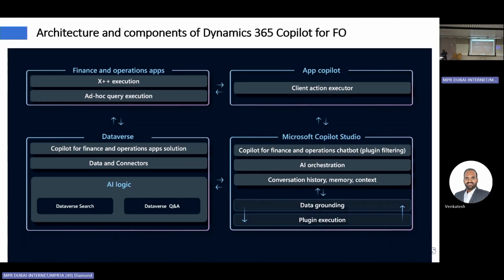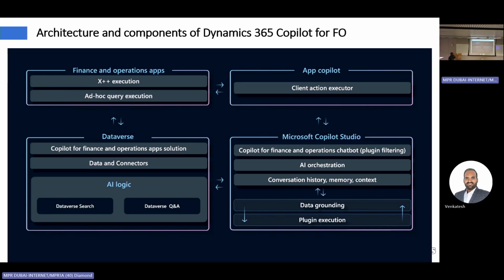Now, let me show you the architecture of how this works. Really, there have been some changes in Dynamics 365, right? Since when we came up with AX7 and F&O, the database structure is being shifted from being an SQL database into the Dataverse. Before now, ERP was on its own, and the CRM was also on its own.